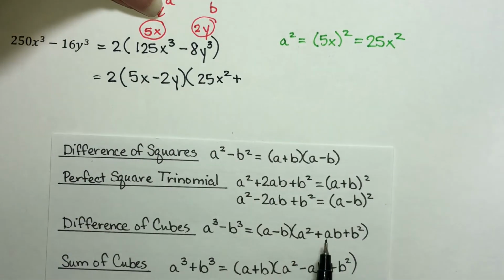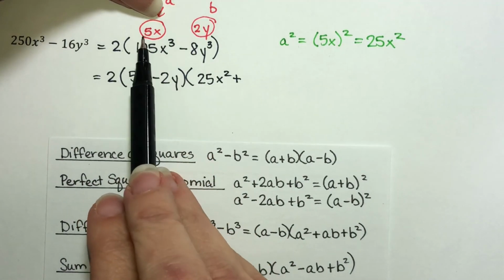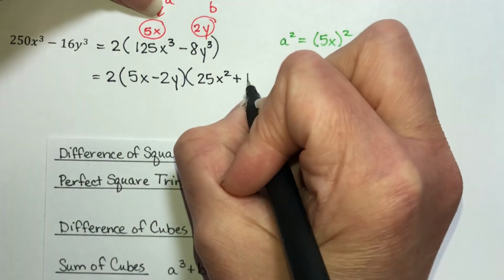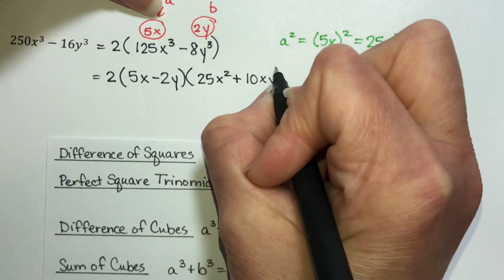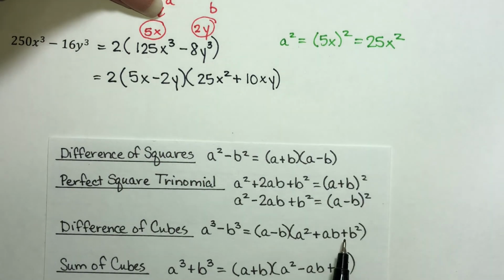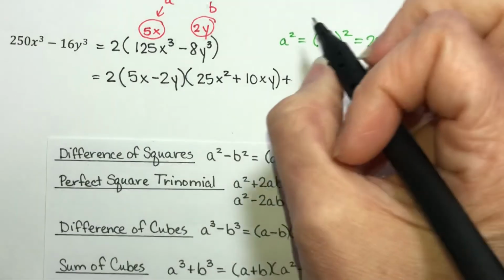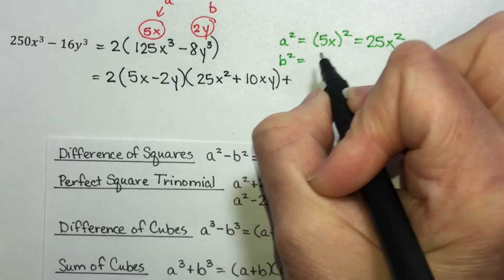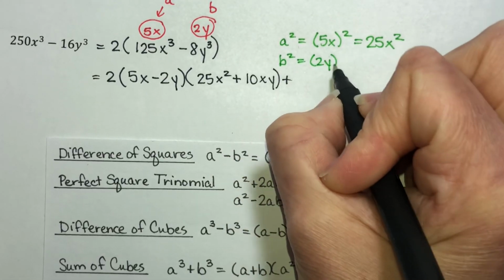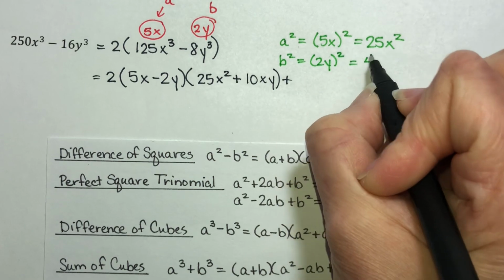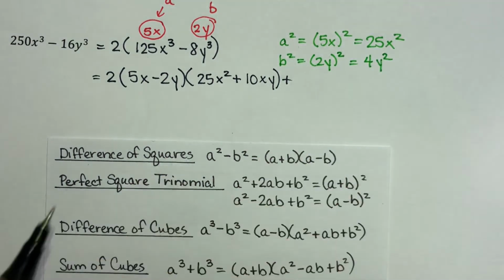multiply these two things together, a times b. 5x times 2y is going to be 10xy. The next sign is a plus. And then you figure out what b squared is. That's 2y all squared, which will be 4y squared.